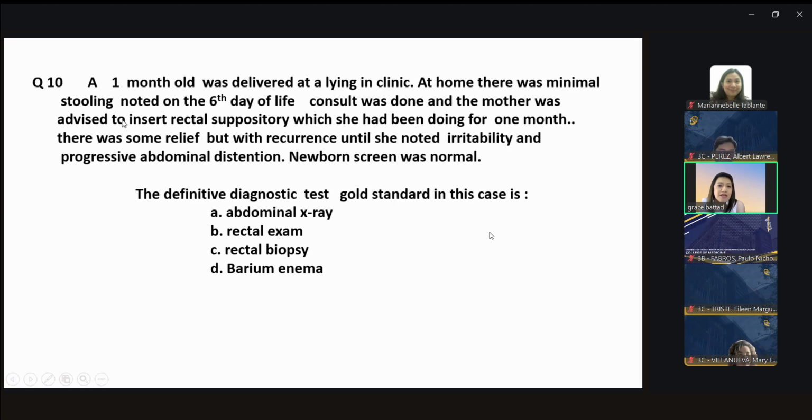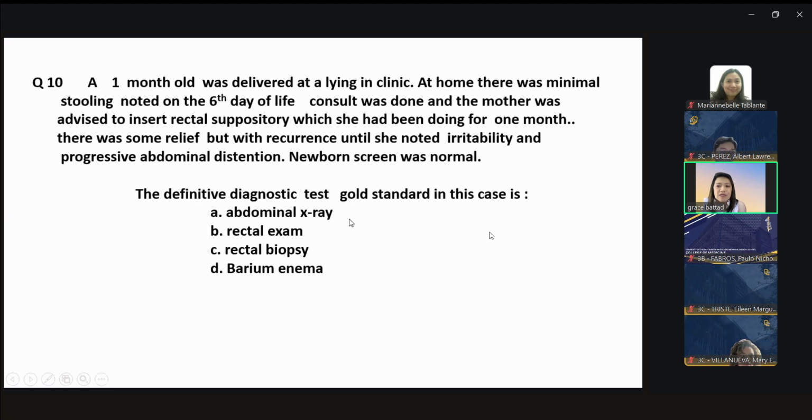So most likely, you might be checking again if there was an anatomical problem. Here, you might be asking if there was passage of meconium stools, because you have problems of defecation. The gold standard if you are suspecting a congenital problem would be x-ray.